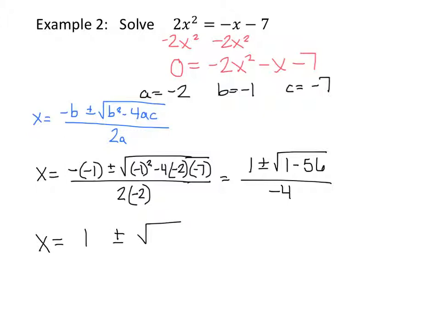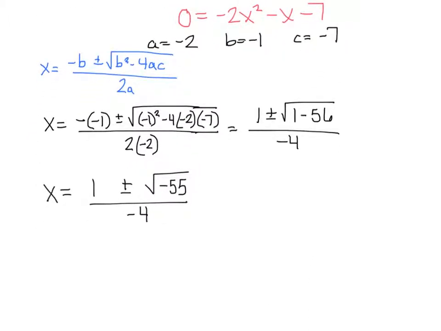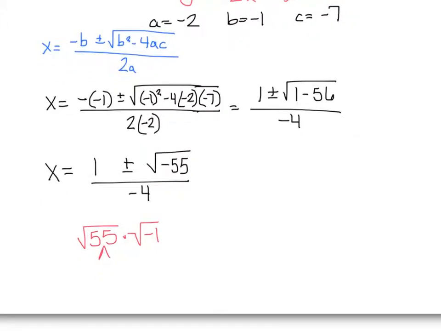Okay, so inside the square root, it's negative 55 over negative 4. I'm going to kind of separately think about the square root of negative 55. That's square root of 55 times square root of negative 1. What does 55 break down into? 11 and 5. Can we break those down anymore?